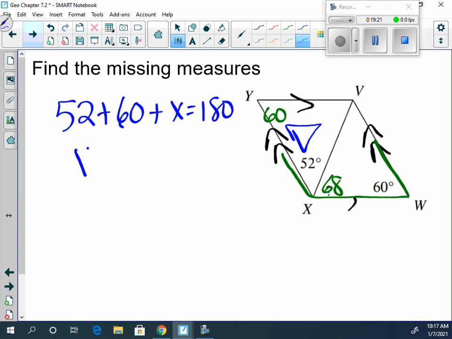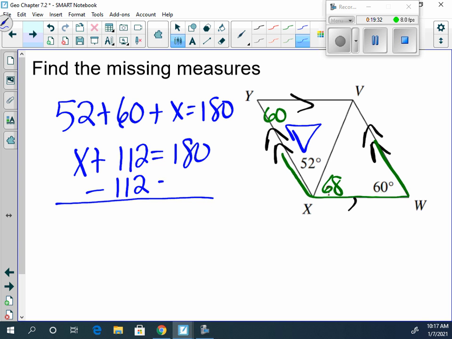This looks very similar, doesn't it? All 52 and 60 is 112. So a little bit of deja vu here.